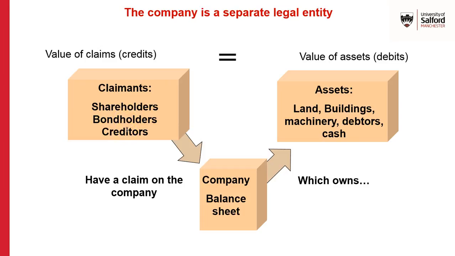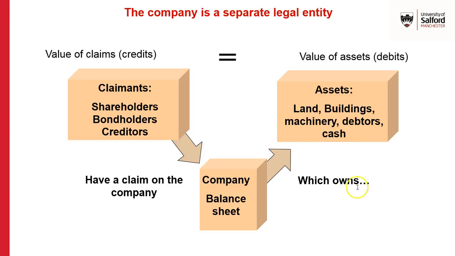Creditors we called suppliers in the previous lecture. So in the main, creditors are suppliers. They have a claim on the company, right? And the company reports that claim in its balance sheet. How much we owe our creditors at a point in time, how much we owe the bondholders, and the value of the shareholders' interest in the company.